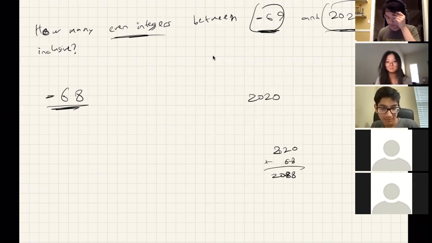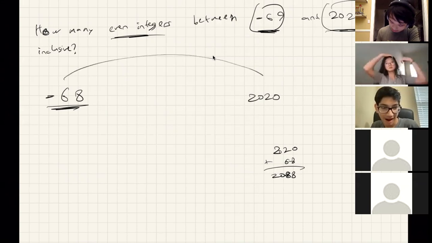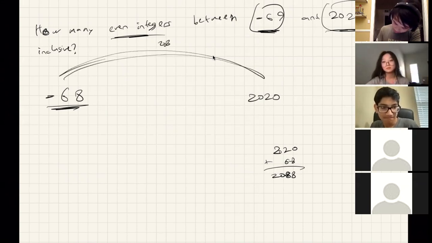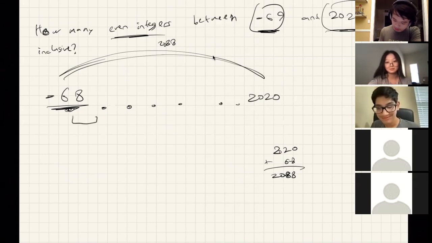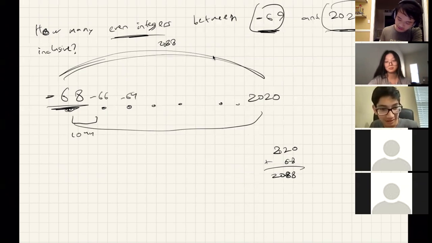So the difference between these two numbers is 2088. So if you list out all of the even integers, there are going to be 1044 gaps between consecutive even integers.